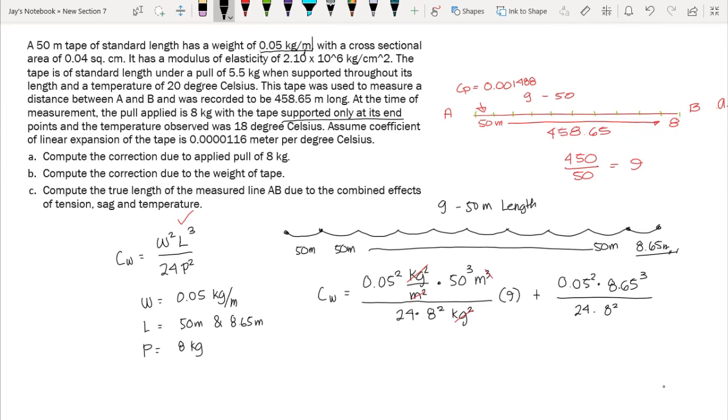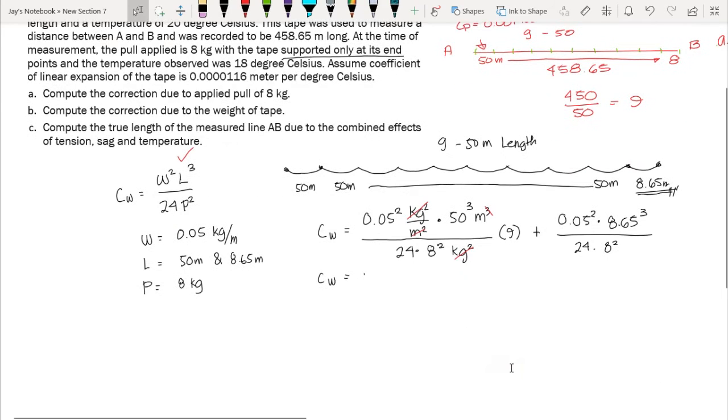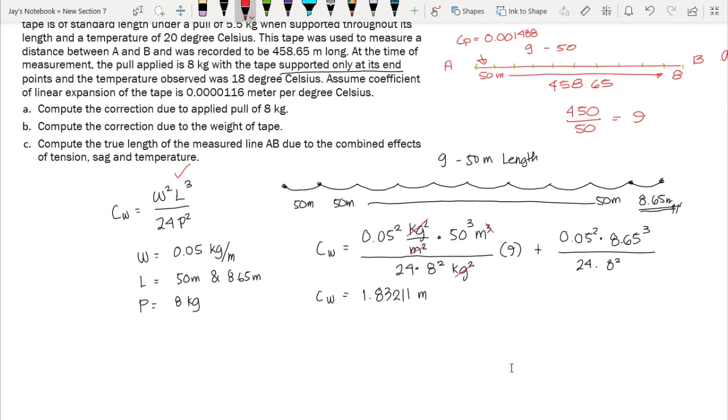So we have only used the 8.65-meter length here, 1, so we multiply it by 1, or pwede nang hindi na siya ilagay. So we have the total correction due to the weight, which is equal to 1.83211 meters. So this is the total correction due to sagging. Okay, so this is our question letter B.